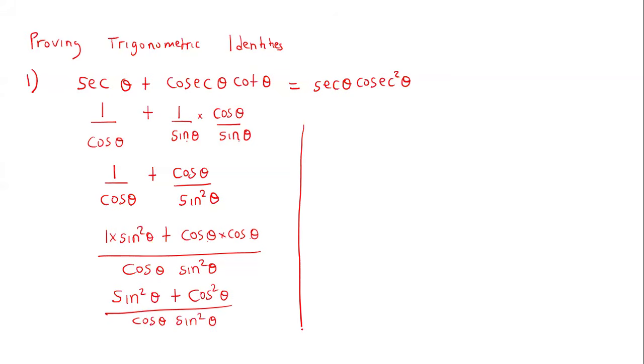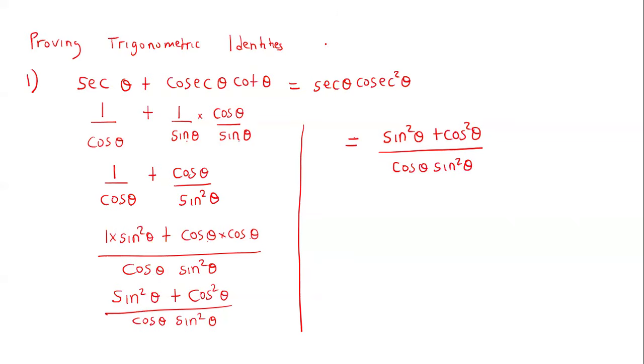Now, I want you always, when you look at the numerator, look at what we have in the numerator. We have sine squared theta plus cos squared theta. Mathematically, in the chat, tell me, what are we going to remain with in the numerator? What is sine squared theta plus cos squared theta? What is your answer when you add that identity?